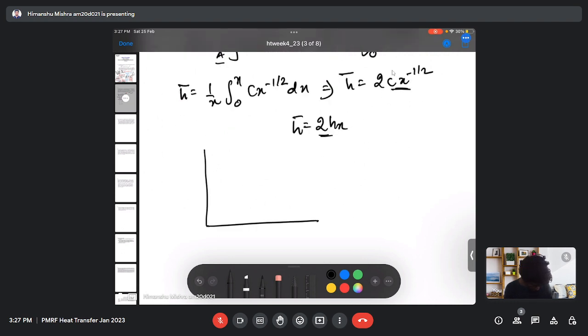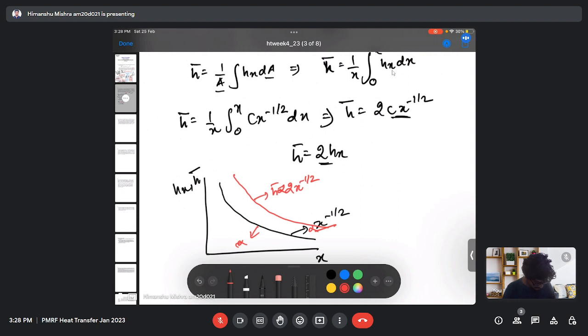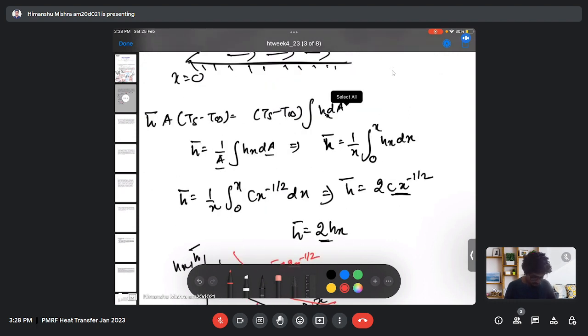Which means that if I plot hx and h bar over x, my local heat transfer coefficient will be varying like this, proportional to x to the power minus 0.5, and my average heat transfer coefficient will be varying like this, twice the local one. So this is just a straightforward question.